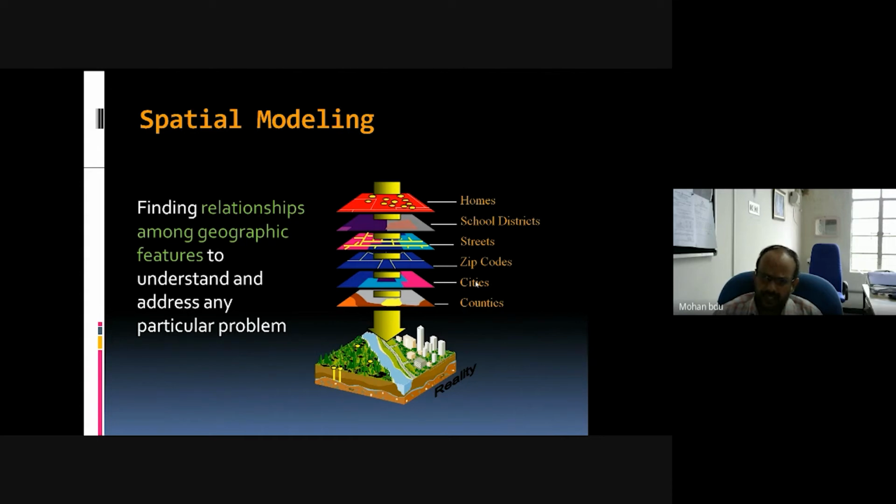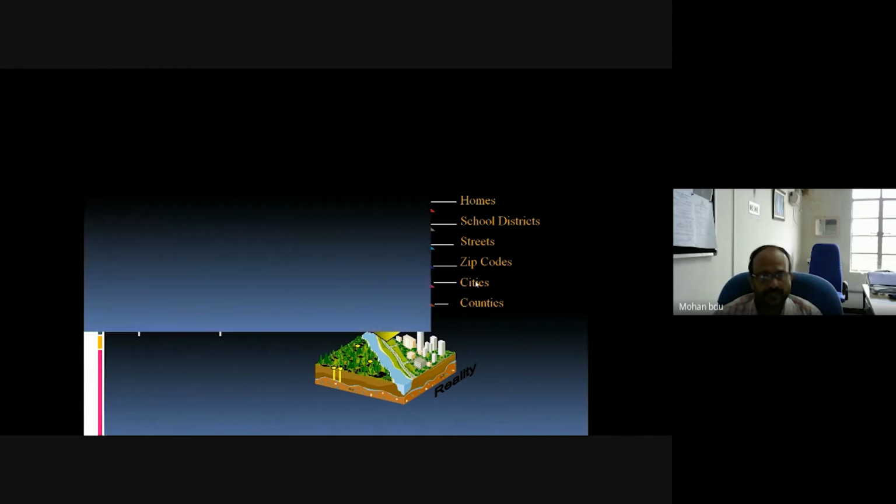So such thematic maps can be generated using the spatial data, and there are many models being used in spatial data analysis, and most of them are GIS based models.